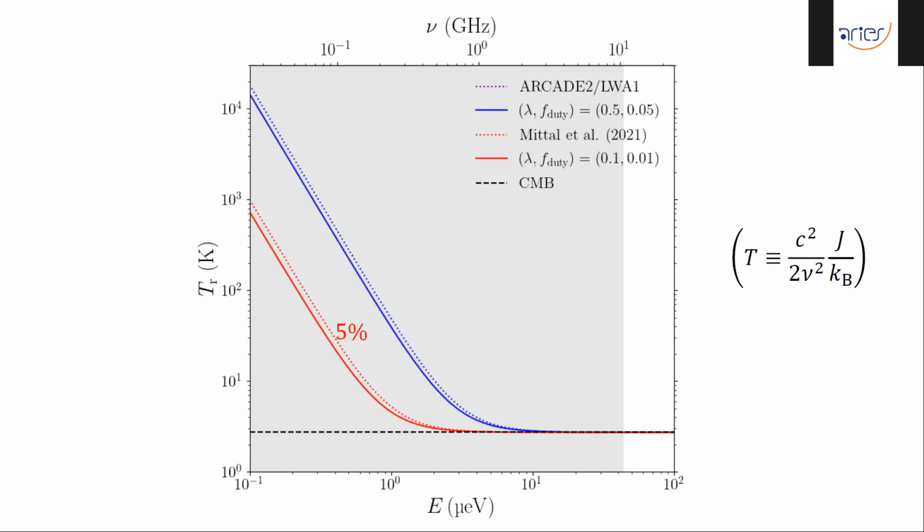But leaving aside the EDGES measurement, we can even explain the full ARCADE and LWA excess, which is shown by the blue dotted line, and our result is shown by the solid blue line. By adjusting some parameters, we can explain the magnitude, and clearly the slope is already matched. So this makes the accreting primordial black holes very interesting in order to explain the excess radio background.